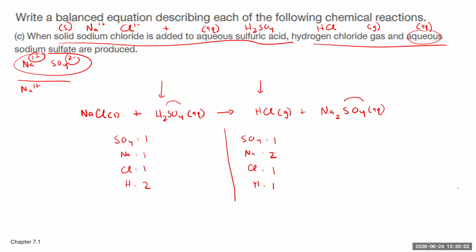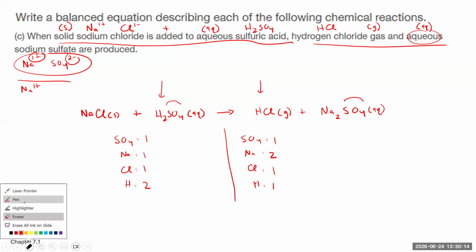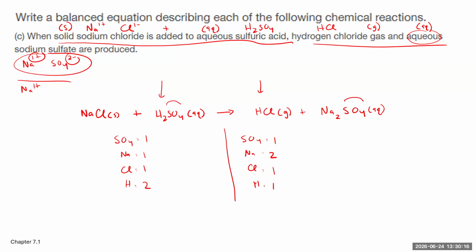Let's pick the molecule with the most atoms. It's going to be either this one or this one. It doesn't matter. Let's just start over here since it's on the left.